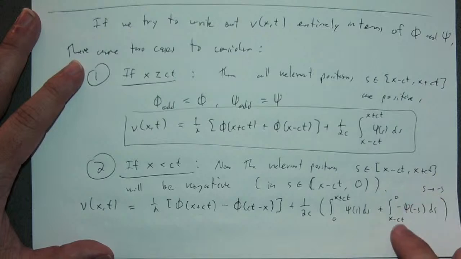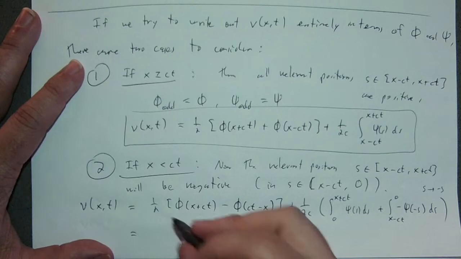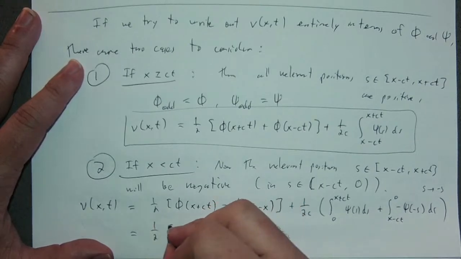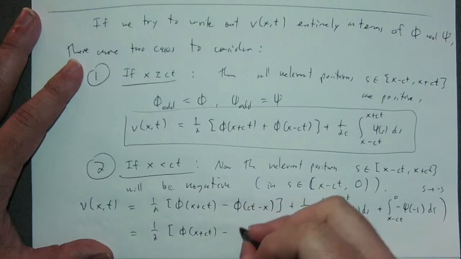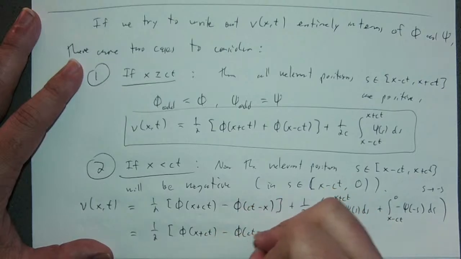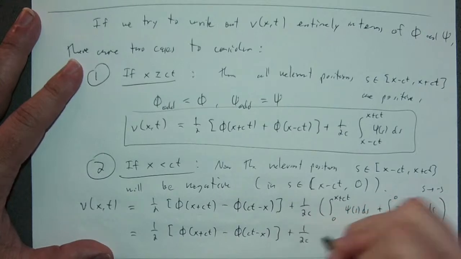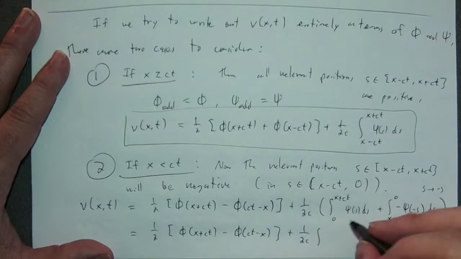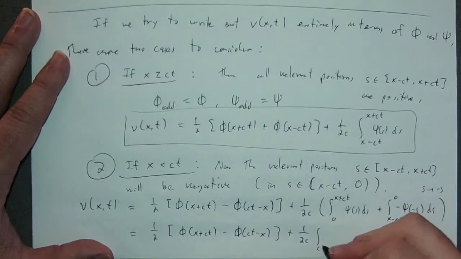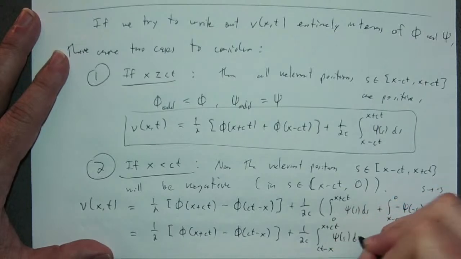And so now we can combine these integrals together in the following way. So this is 1/2 of phi of x plus ct minus phi of ct minus x, plus 1 over 2c times the integral from ct minus x to x plus ct of c(s) ds.